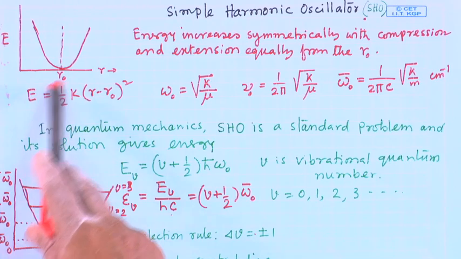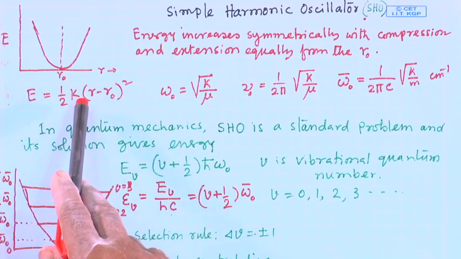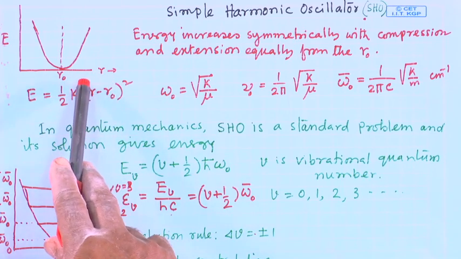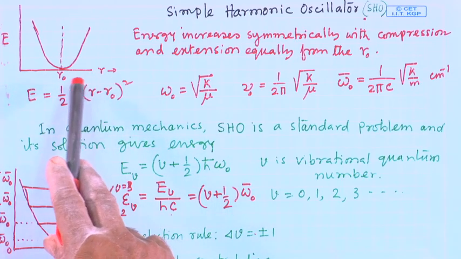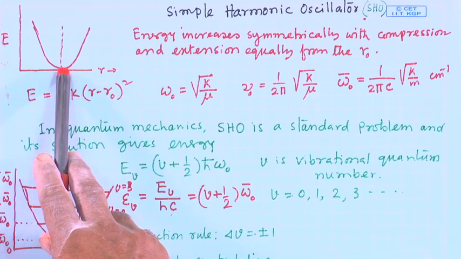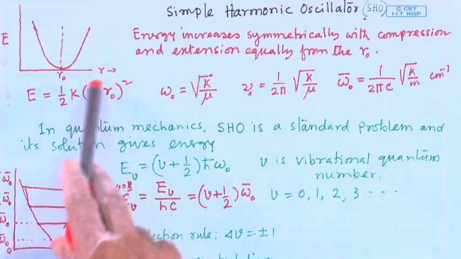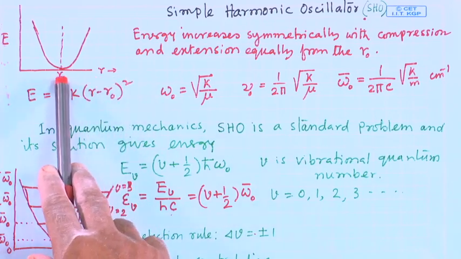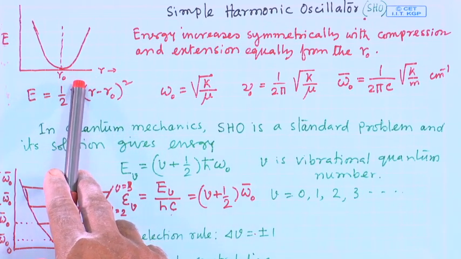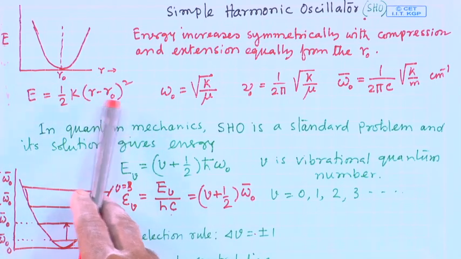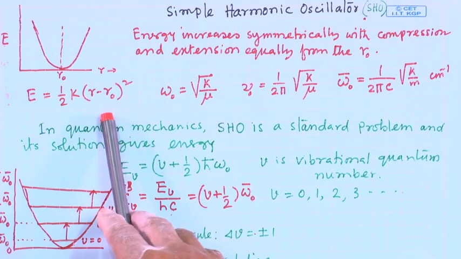So, its potential energy is half k (r minus R0) squared, or if you take the changed distance from the equilibrium position, then r minus R0 one can take as x. So, x is just the displacement from the equilibrium position, x is nothing but r minus R0, so the potential is half k x squared.